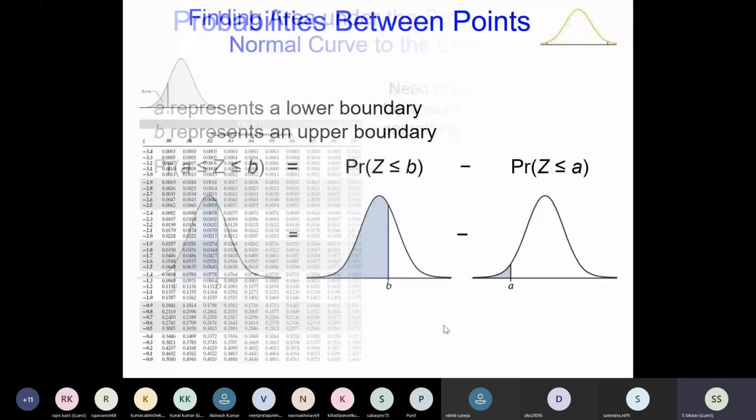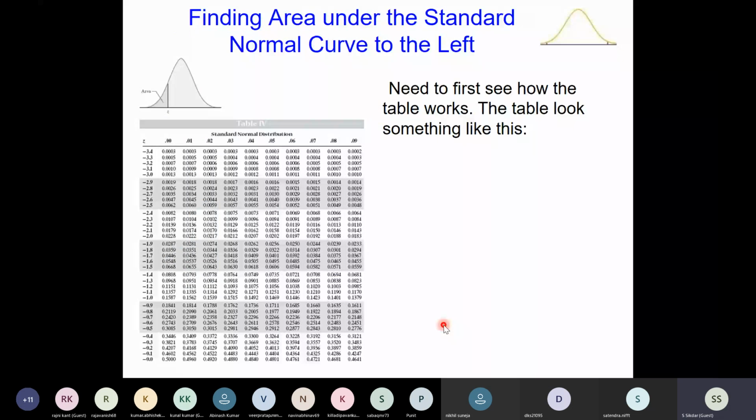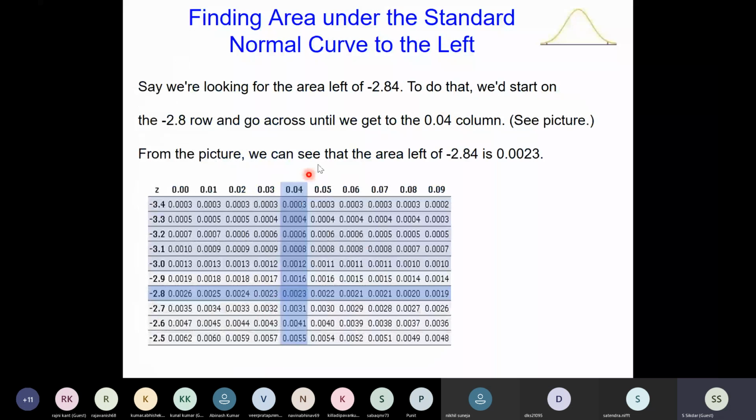Here also, it's the same thing. Sometimes you have to search a lot, which is very painful. Just as I said, if we are looking for minus 2.84, there are also negative values, and we go across until we get 0.04.